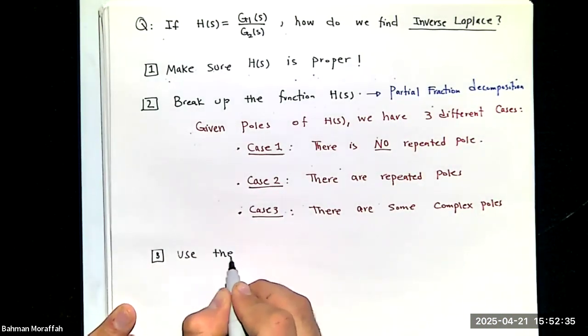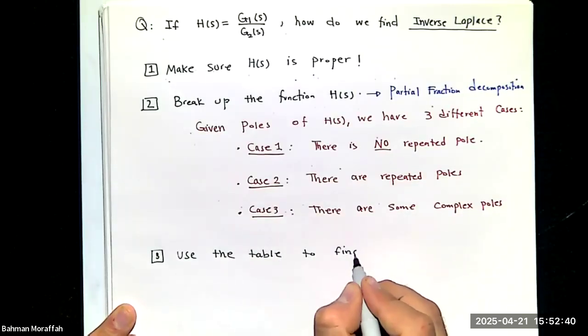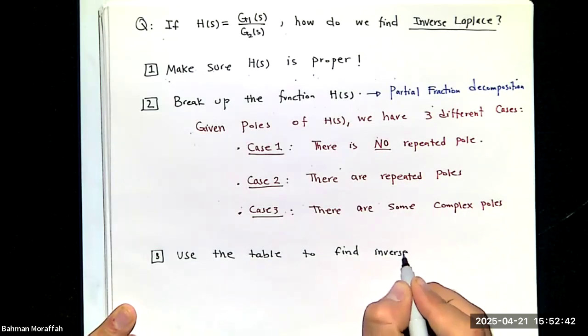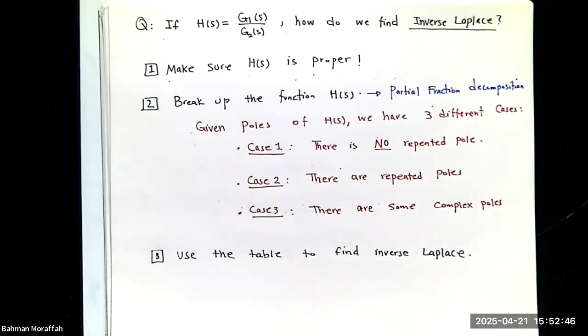Use the table to find inverse Laplace. So let's just see how we can do these three cases, because as soon as we know that, then we're done. Let's just start easy. Let's look at case one.